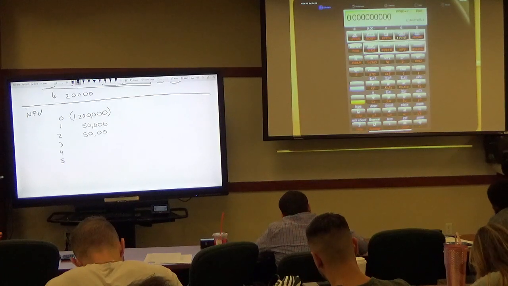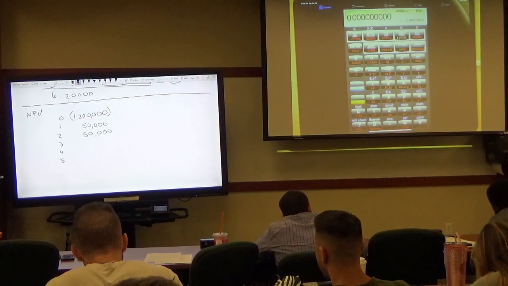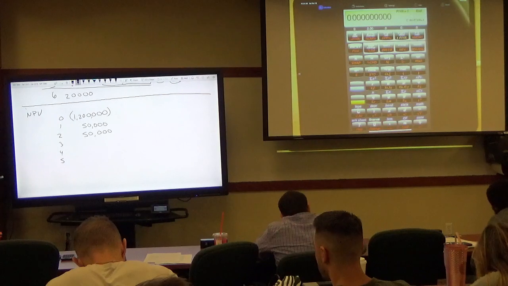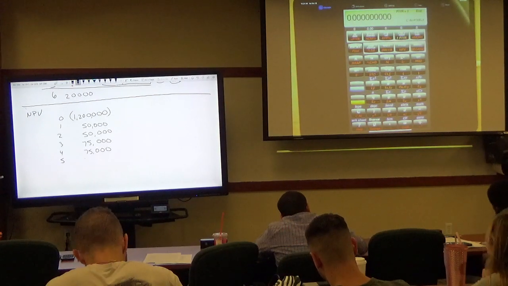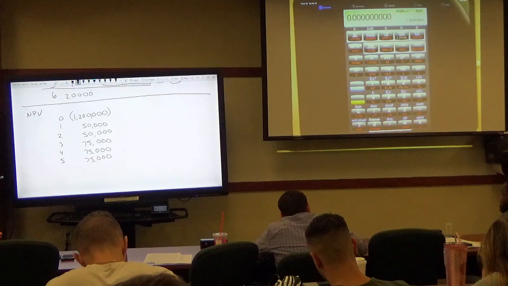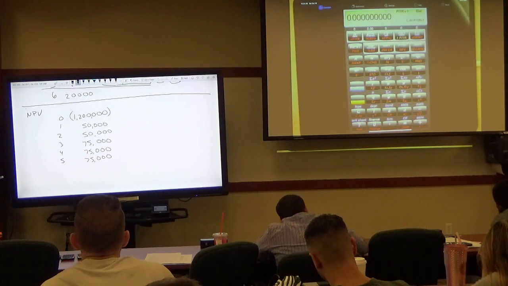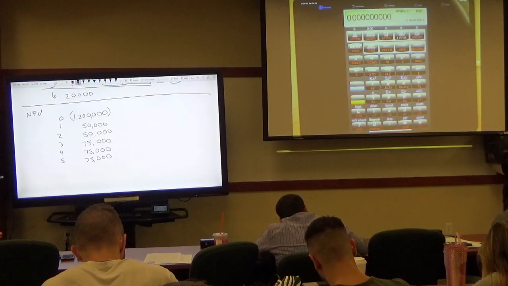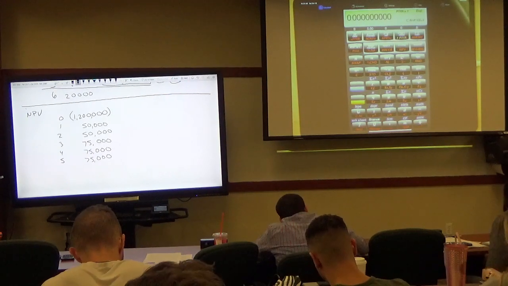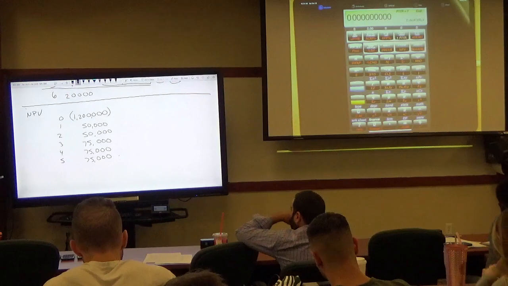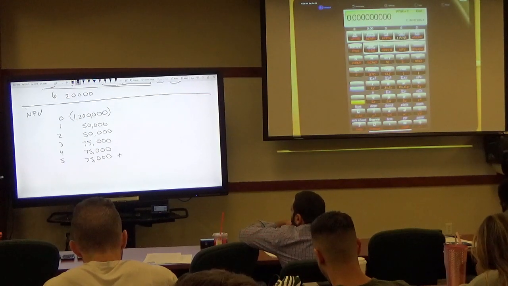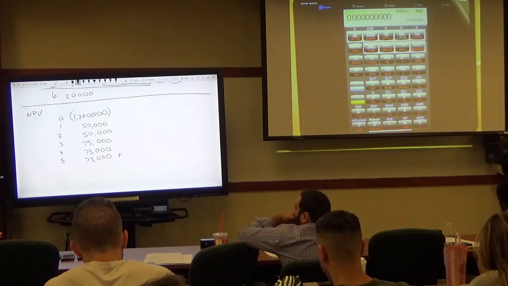But let's say that it generates 50,000 for the first 2 years, and then maybe it jumps up to, I don't know, 75. Sure, why not? Now, how much do we think we might be able to sell it for in year 5, the reversion value?